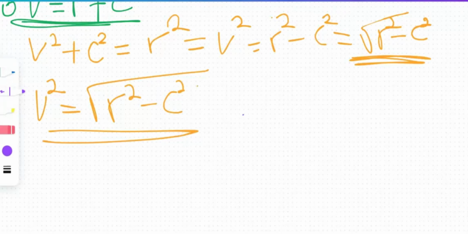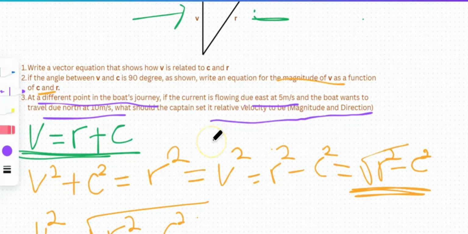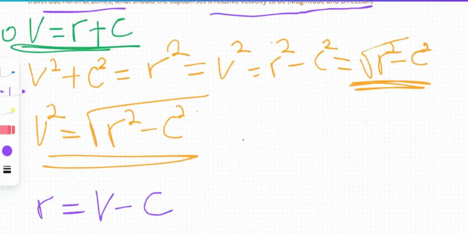Now, applying this, we have r is equal to v minus c, because we're looking for the relative velocity, and that is r.